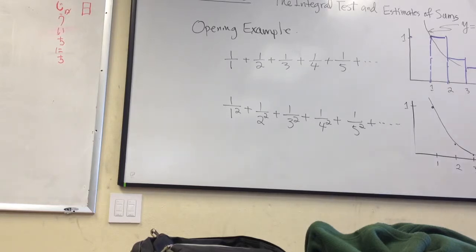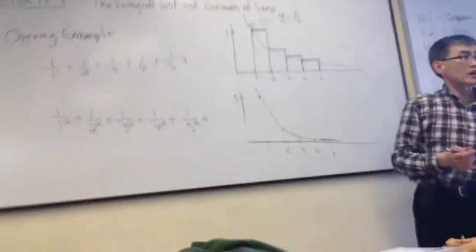So in summing this series, that is the same as summing the areas of all these rectangles. But the reason that I turned it this way as opposed to the first way that I drew is because of the following.